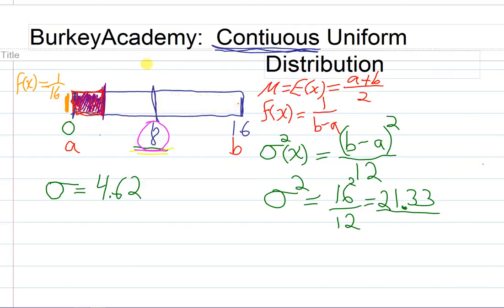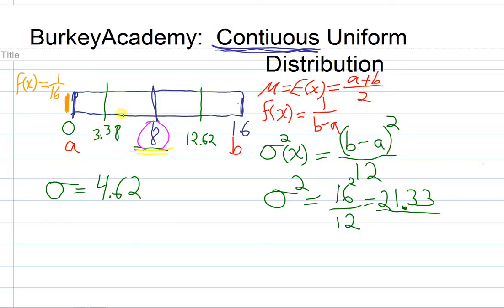If we go above the mean about 4.62, that's going to take us to a number like 12.62. And we go down, 8 minus 4.62, that's going to take us to 3.38, I believe.